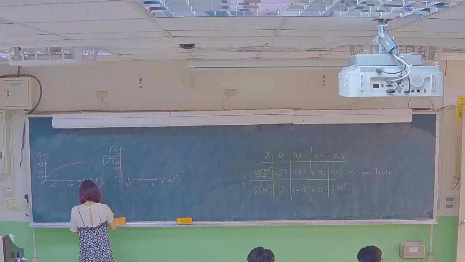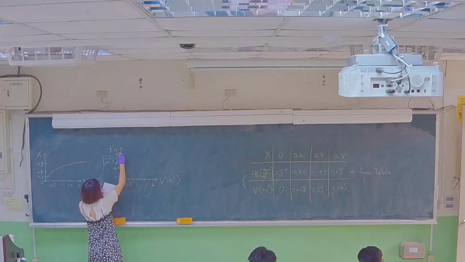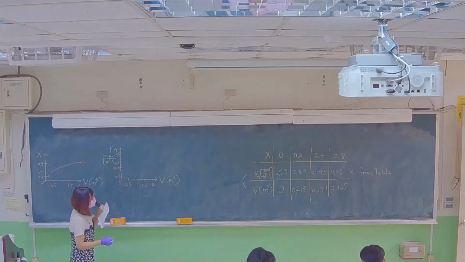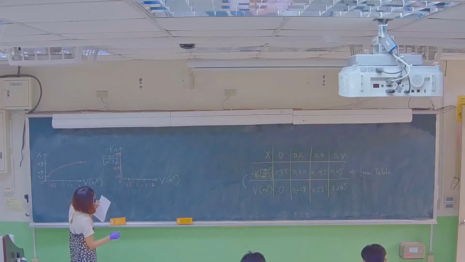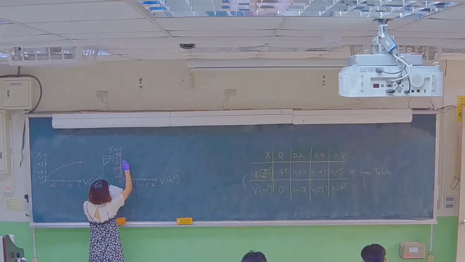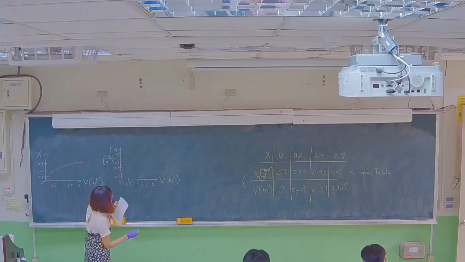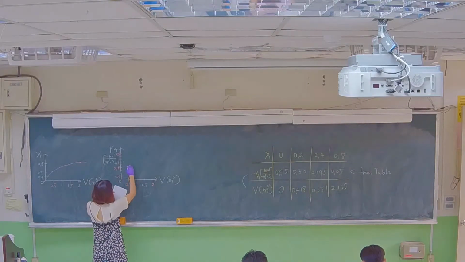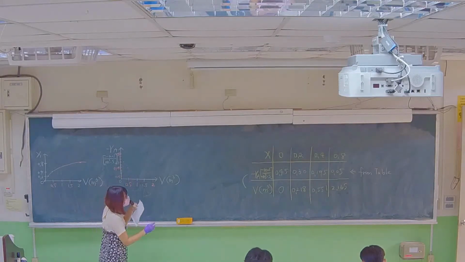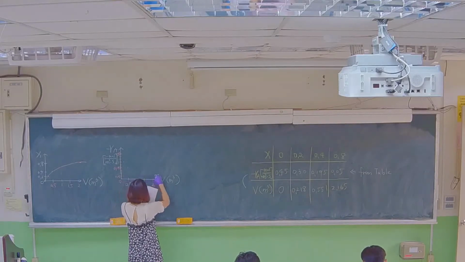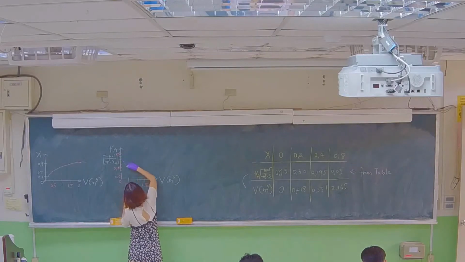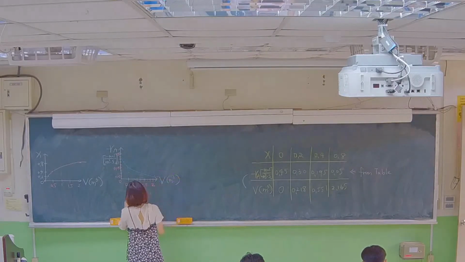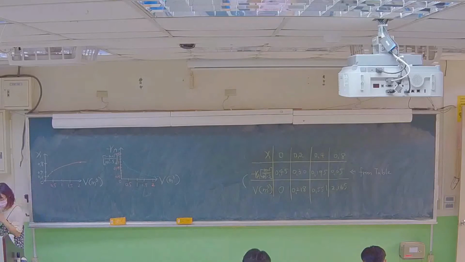So draw the line. 0, 0 and 0.45. Then this one. This one. And the last one. Okay? So you got a curve, maybe like this. The trend is important.